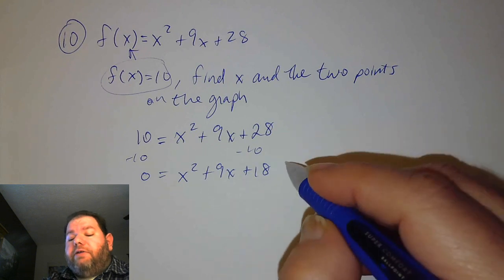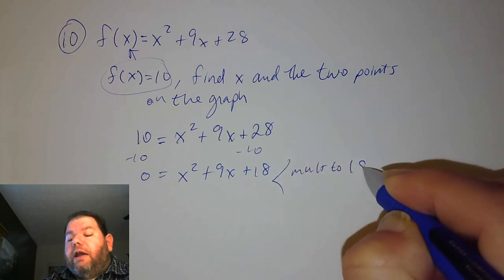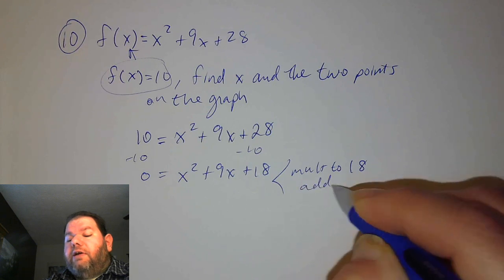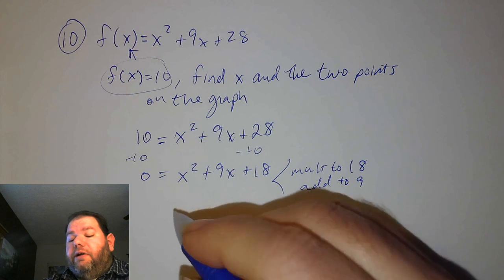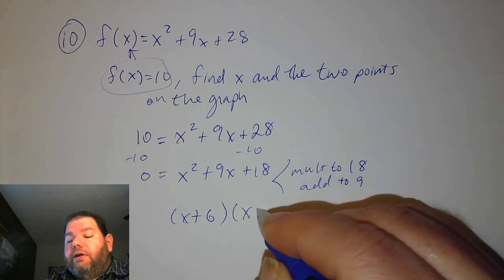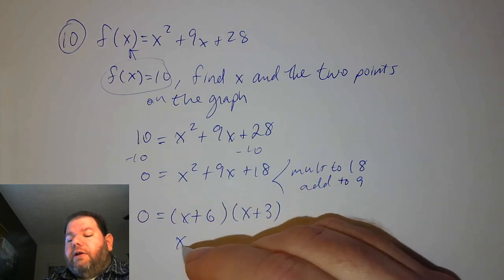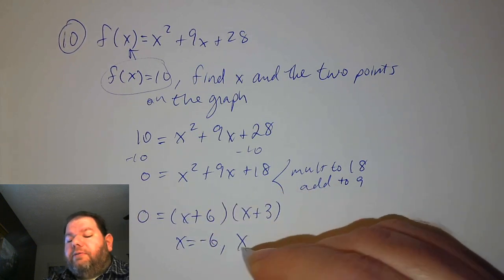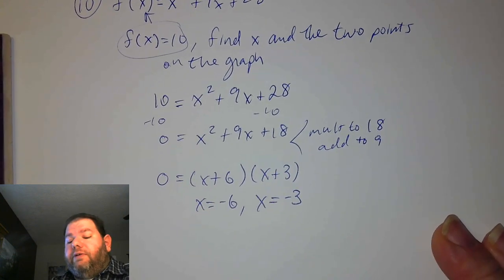And then we can factor it, so we need two numbers that multiply to 18 and add to 9, and we can see that's 6 and 3. So x plus 6 times x plus 3 equals 0. And so we get x equals negative 6, x equals negative 3 as our two solutions.